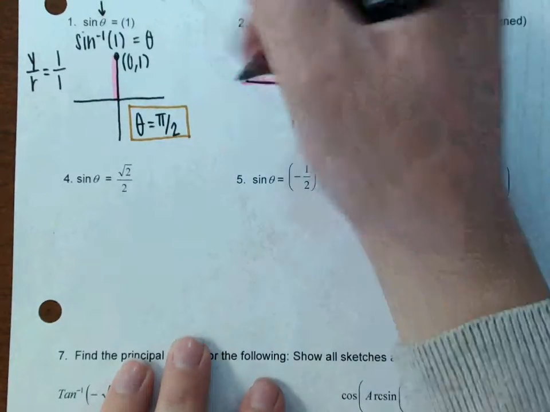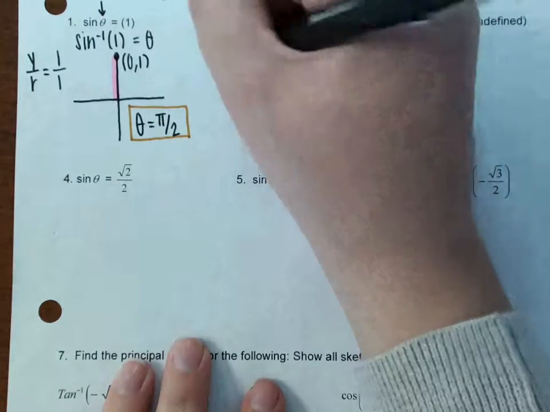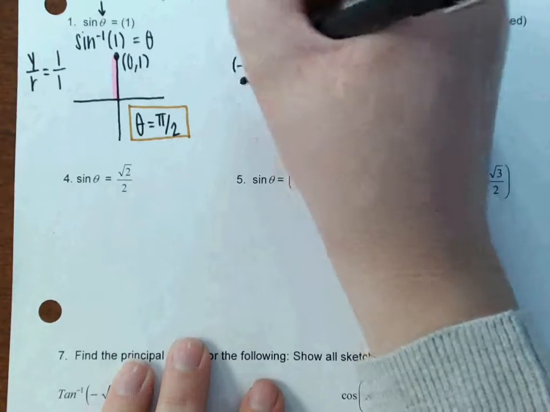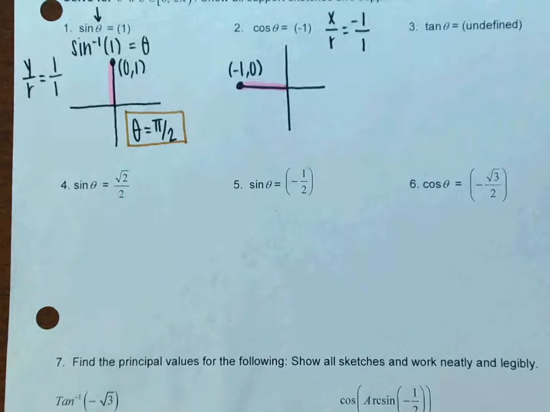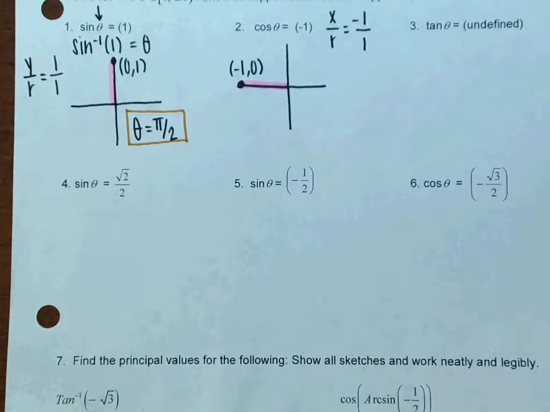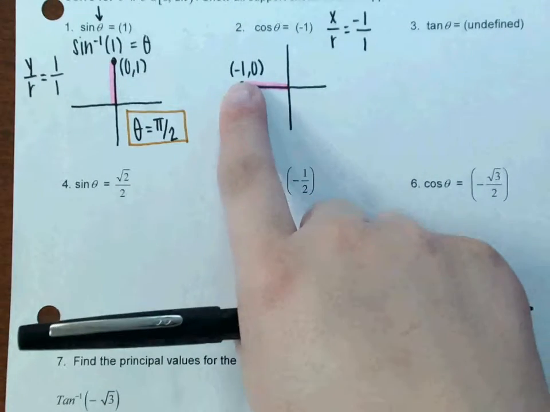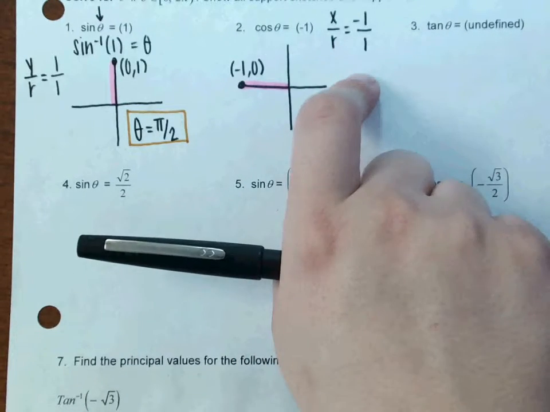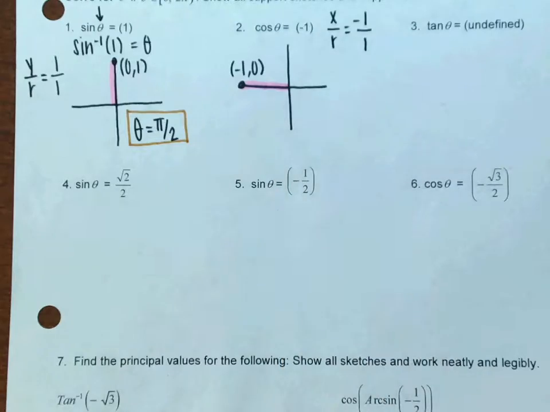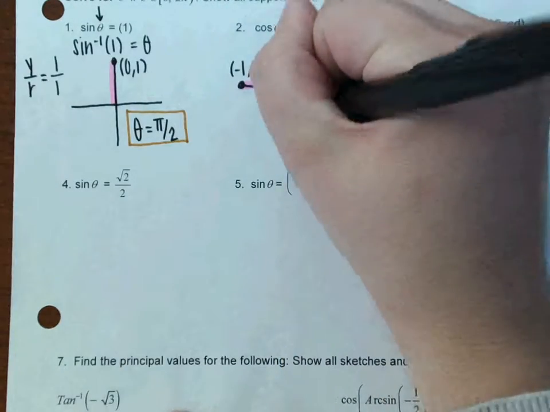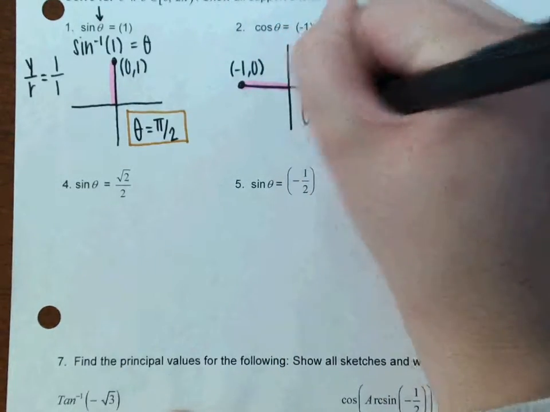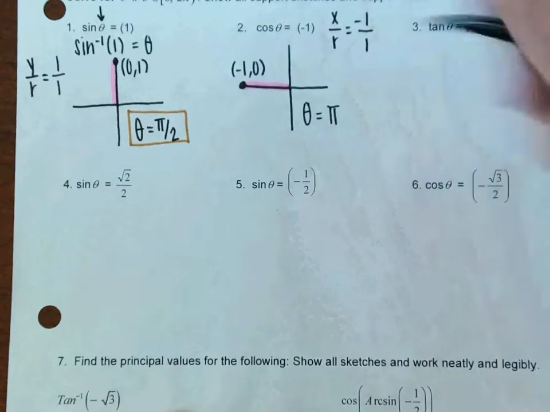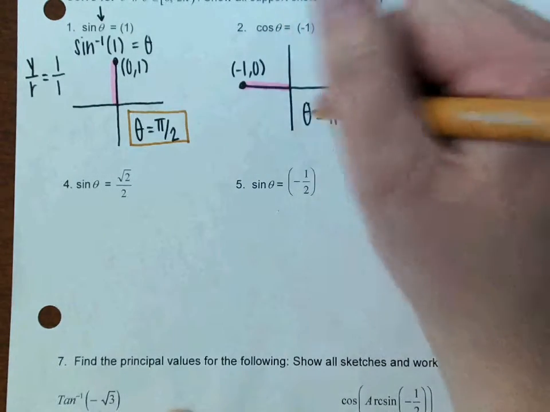Right? Okay, so at negative 1, 0, it fits the criteria of x equals negative 1 and r equals 1. So our theta is equal to pi. And that's our answer.